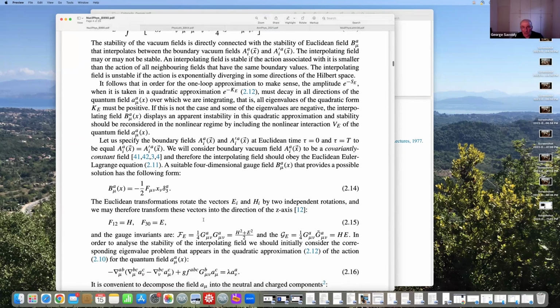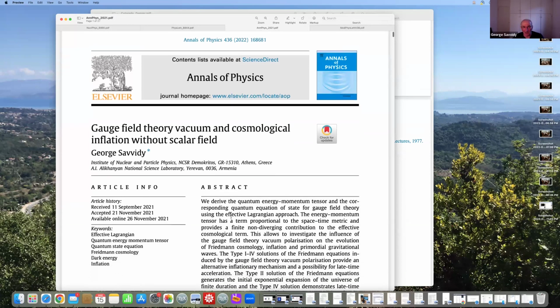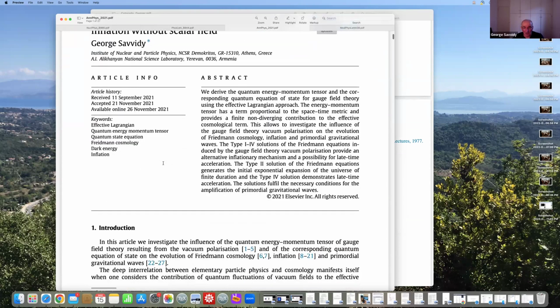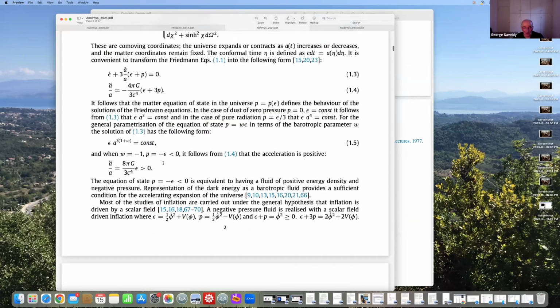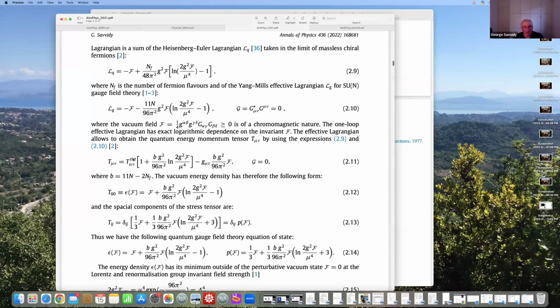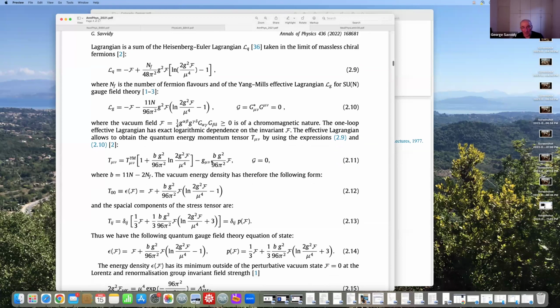Yes. So it is interesting to consider these things at finite temperature, because if you consider these vacuum fields for cosmological application, I did this. Because from the effective Lagrangian, we can calculate the T mu nu, the energy momentum tensor.